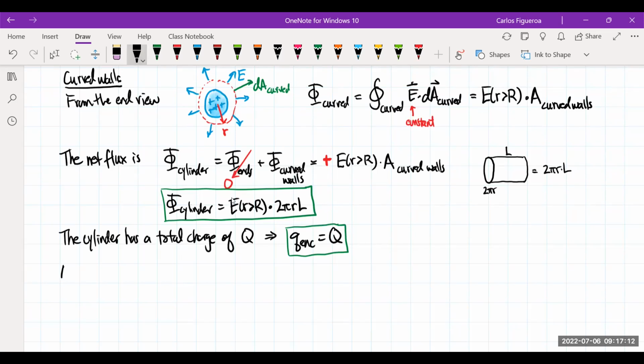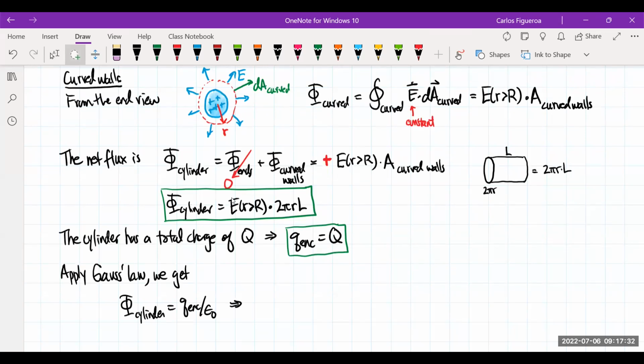If I apply Gauss's law, we get that the flux of the cylinder is equal to Q enclosed divided by epsilon naught, which then tells me that E of little r greater than big R times 2 pi r L equals Q divided by epsilon naught.